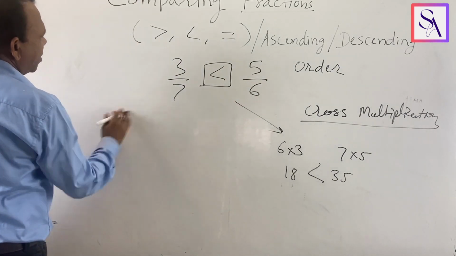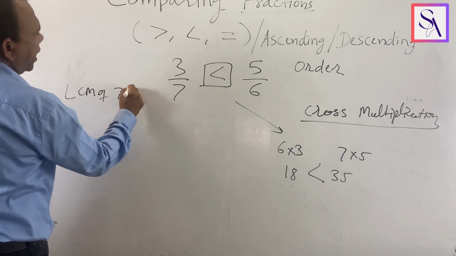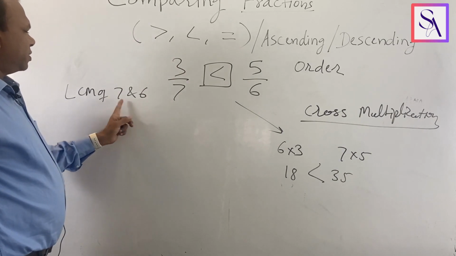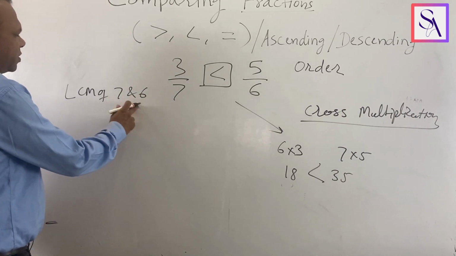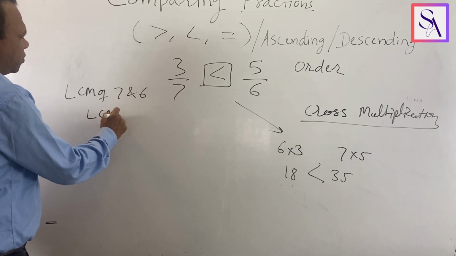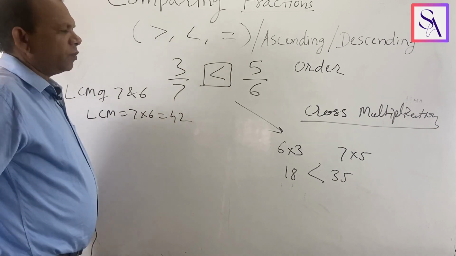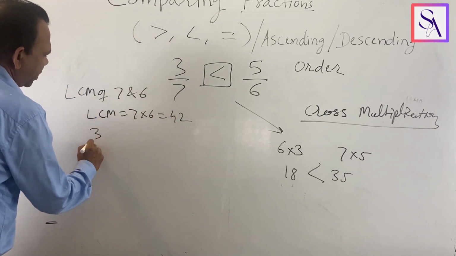Now, what about the LCM? I have to take the LCM of 7 and 6. Since these two are different numbers with nothing in common, I can take their multiplication as the LCM. LCM is equal to 7 into 6, 42, right. So, I have to make this 7 as 42, in 3 by 7.